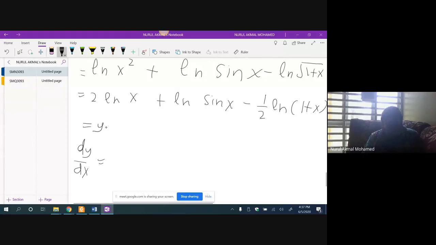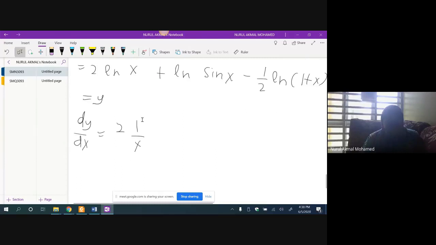Okay, so you differentiate each of these. The derivative of 2 ln x is equal to 2 times 1 over x. Okay, what about this one? Ln of sine x. How are you going to solve it? You have to use the chain rule, right?